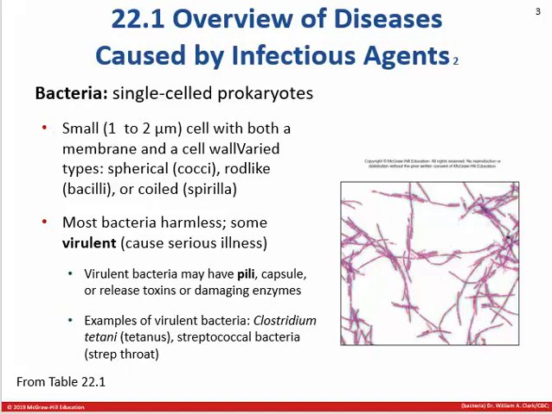Bacteria that live in our intestines can create vitamin K for us. They do all kinds of things. We need bacteria. We need bacteria in our environment. Very few of them are virulent, that are pathogens.